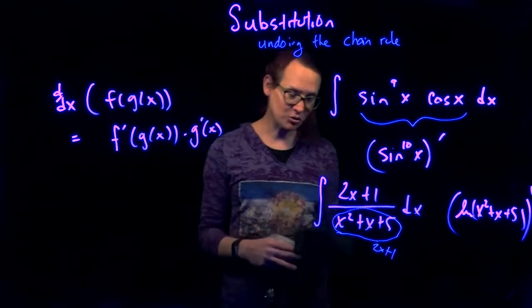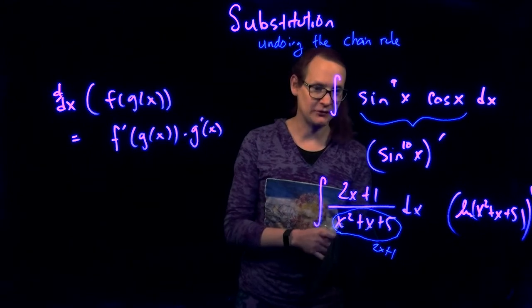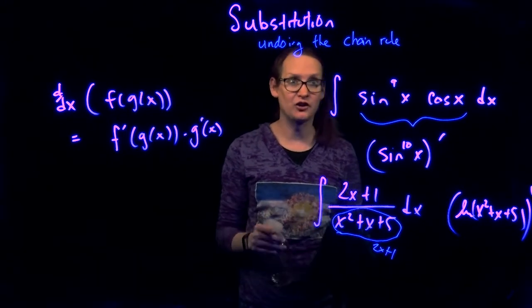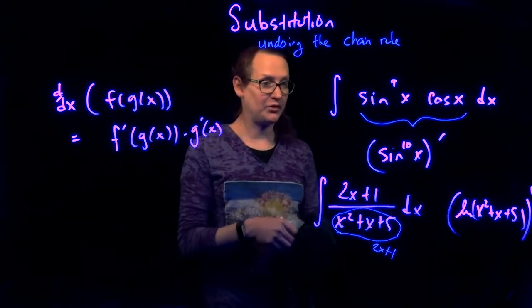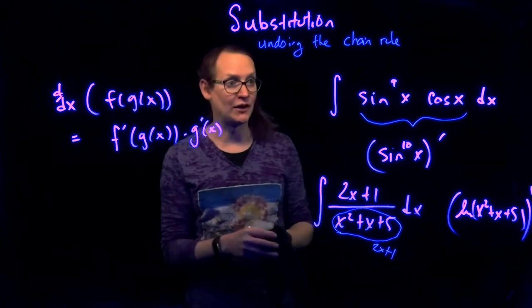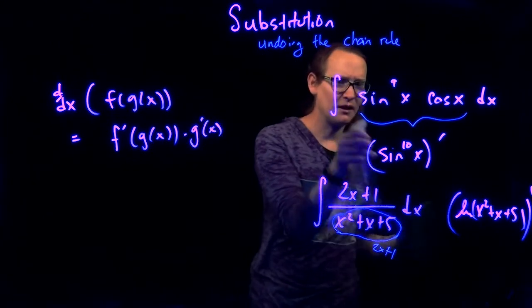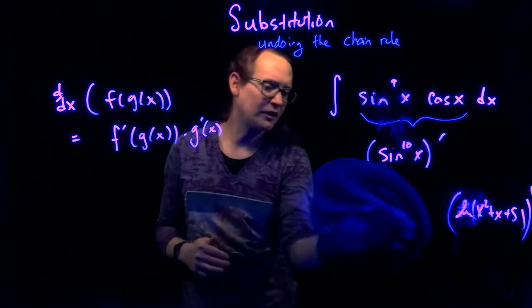And it can be tricky to identify when this is the case. But if you're really good at the chain rule, then hopefully you can look at some integrands and recognize this. There's also some trial and error in doing these types of problems, and I think that's perfectly okay.